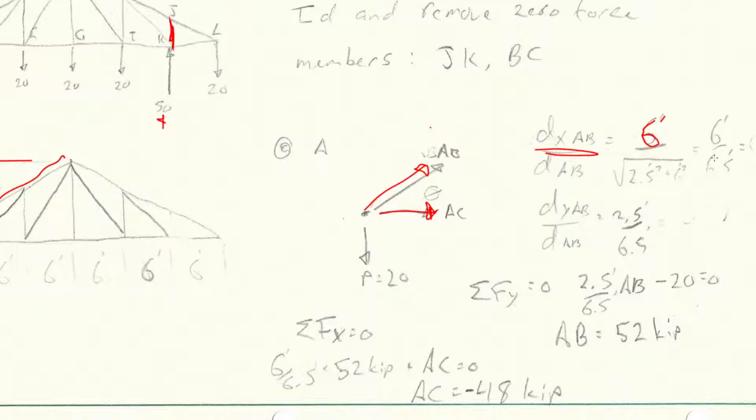Pythagoras' theorem gives us a distance there of 6.5, and we can just keep it like that in order to eliminate some rounding errors.